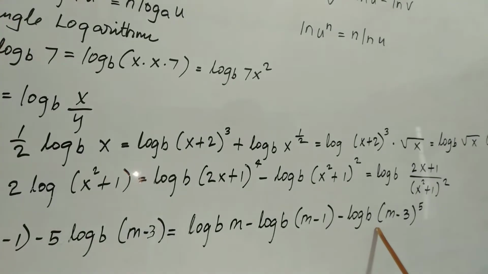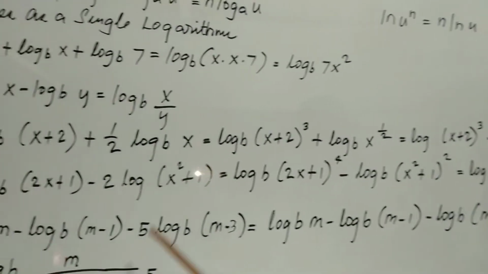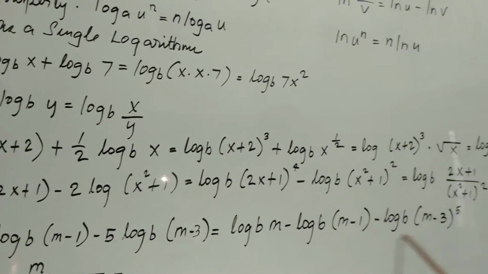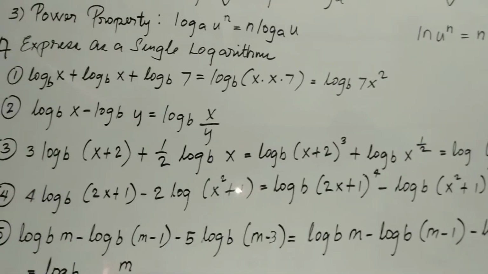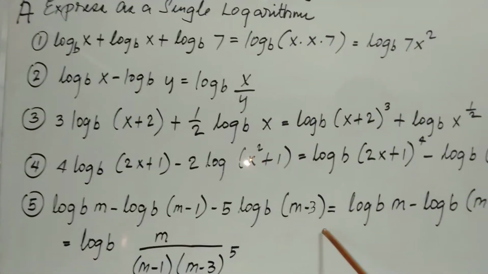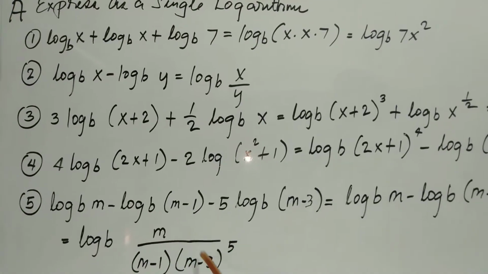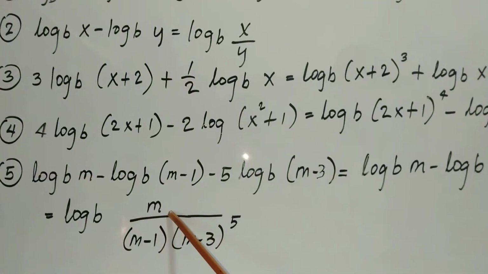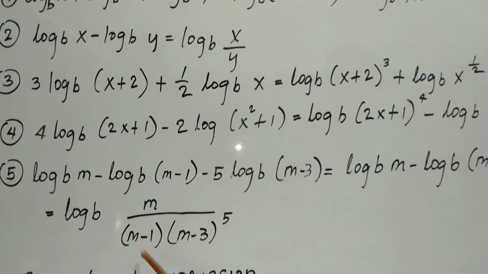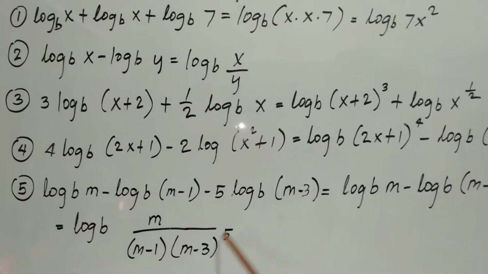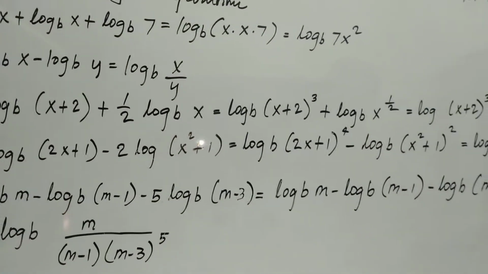So this one becomes logarithm base b of m minus 3, and this coefficient becomes the power of this parenthesis. Next, this expression becomes the logarithm of the quotient of m. Since this one is negative, it becomes the denominator: m minus 1 times the quantity m minus 3 raised to the fifth.